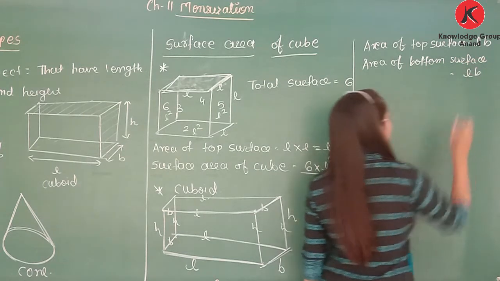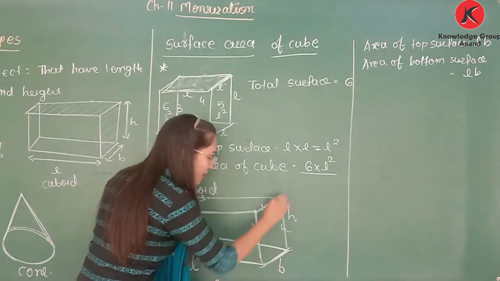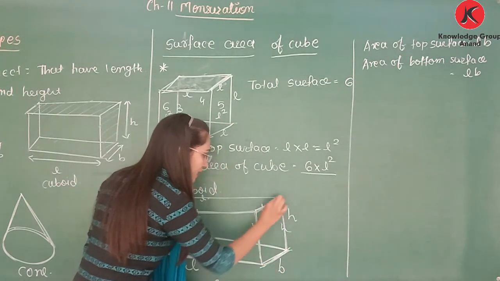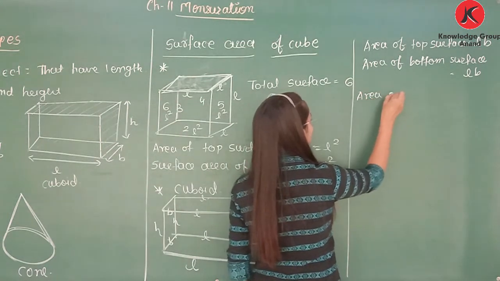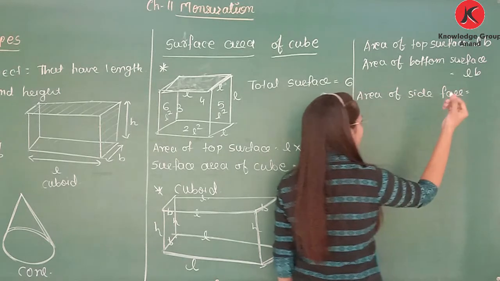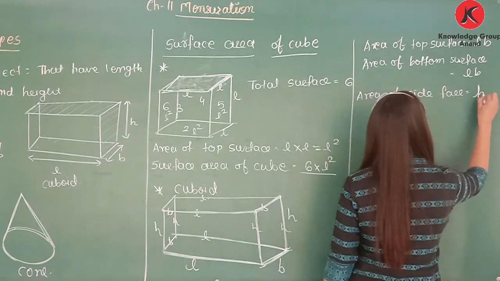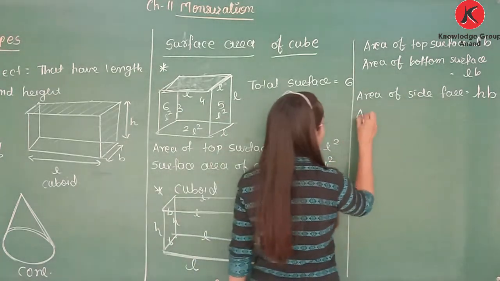Now the area of the side faces, that is B multiplied by H, because this is a rectangle with sides B and H. So the area of the left side face is HB. Same for the right side, it is also HB.